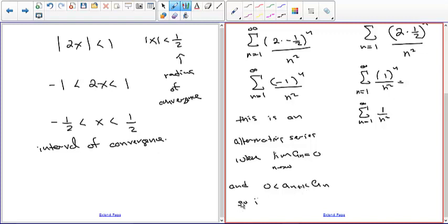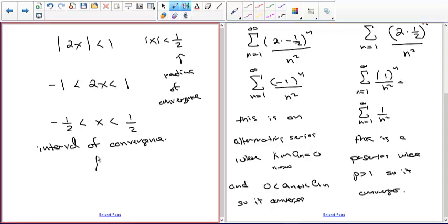So it converges. And over here, this is a p series where p is greater than 1, so it converges.